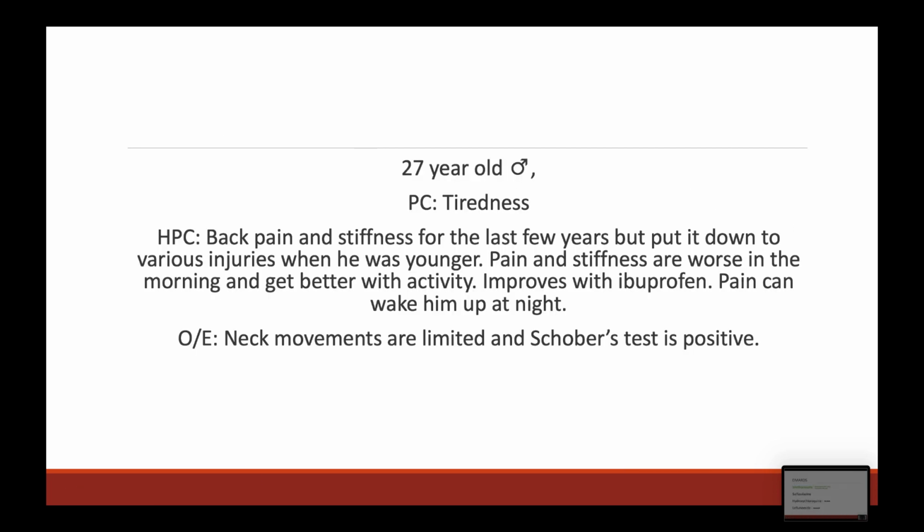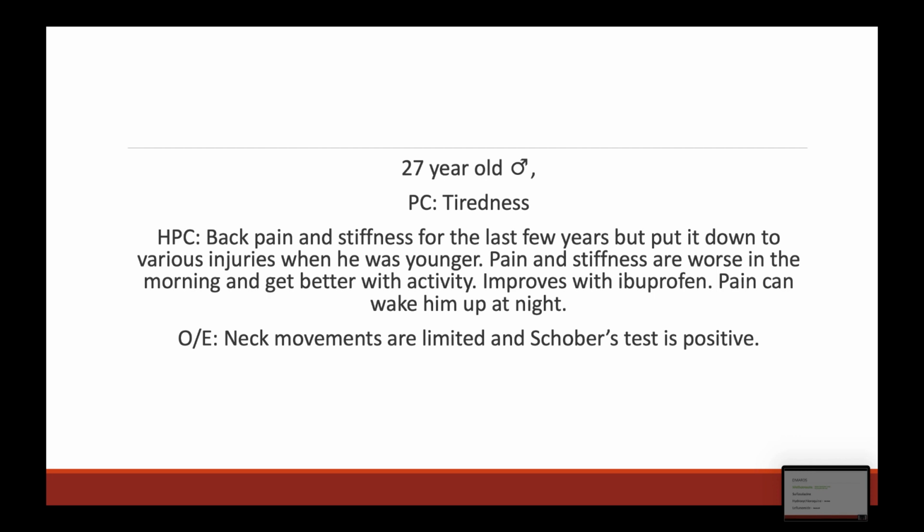We've got a 27-year-old male who presented with tiredness. He has a history of back pain and stiffness for the past few years, but he just put it down to various injuries when he was younger. He also has pain and stiffness in the morning, which gets better with activity and improves with ibuprofen. The pain also wakes him up at night.